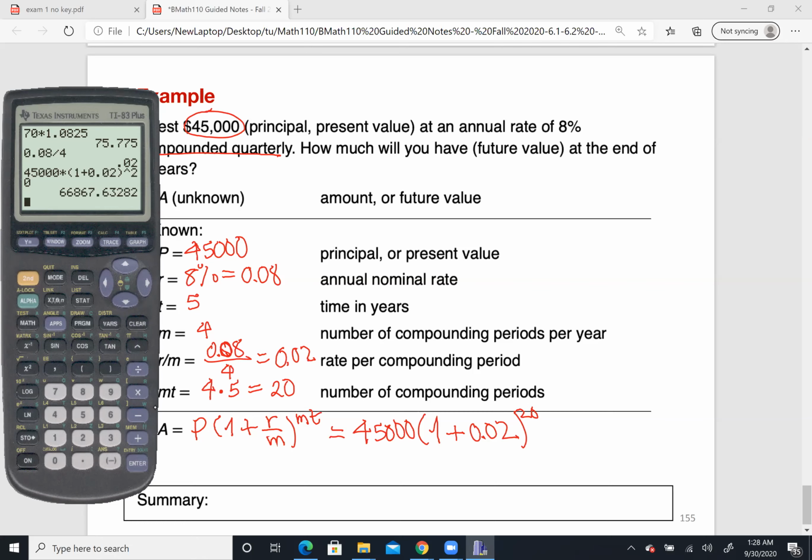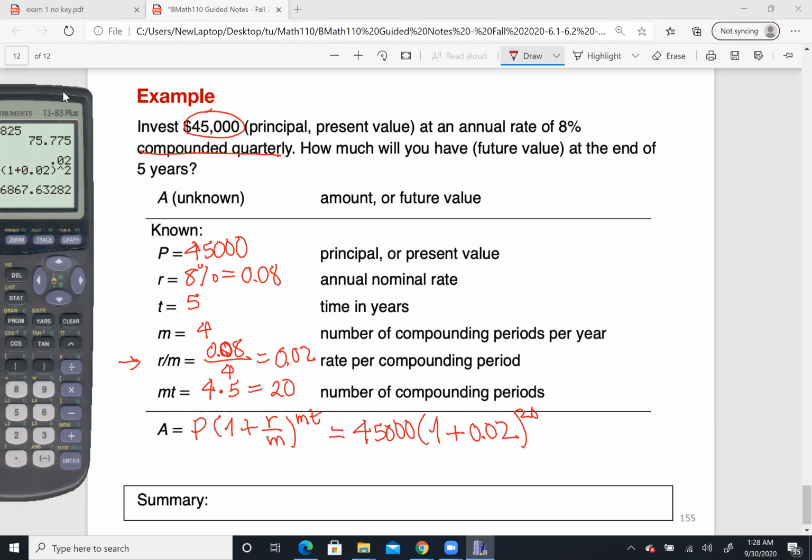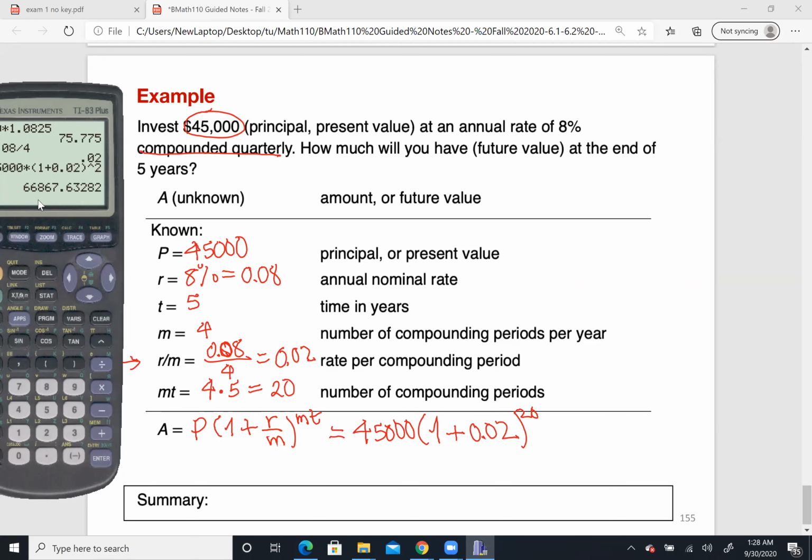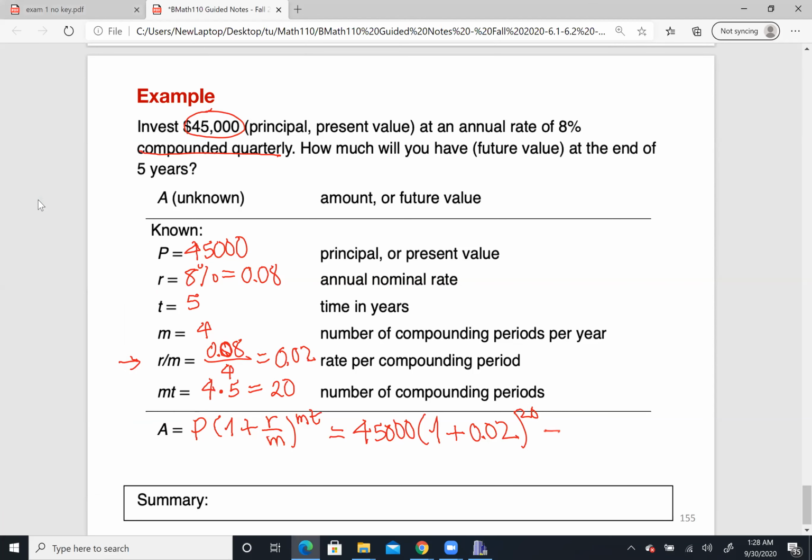Take a look at the initial amount. It was 45,000. So after 5 years, you get 66,867.63. It looks okay because the amount after 5 years is higher than the amount that you invest.